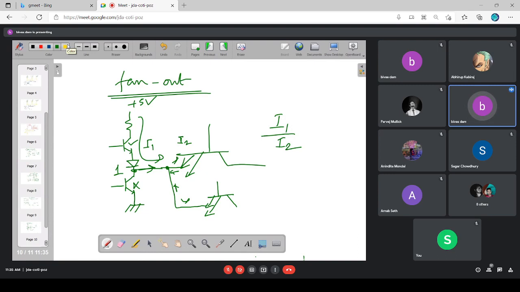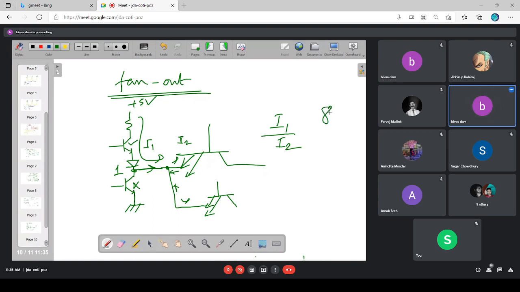Say the maximum current that the output can source is 8 milliampere, and the reverse bias current that each PN junction requires is around 1.5 milliampere. So how many such PN junctions can be driven under reverse bias mode by this output?